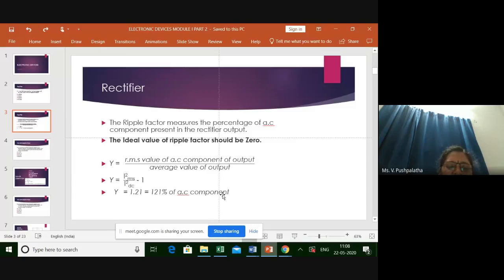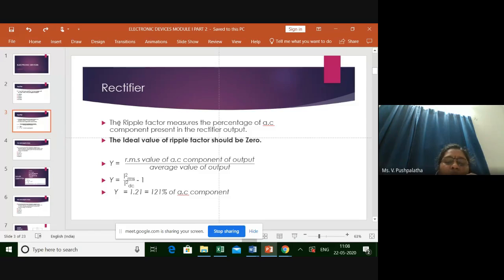Now I'll clarify. The ripple factor actually measures the percentage of AC component present in the rectified output. So what is the aim of a rectifier? It will convert AC to DC, right? So it should convert AC to pure DC, but the output which we are getting at the rectifier is a pulsating DC.